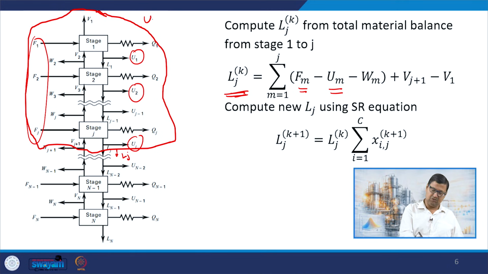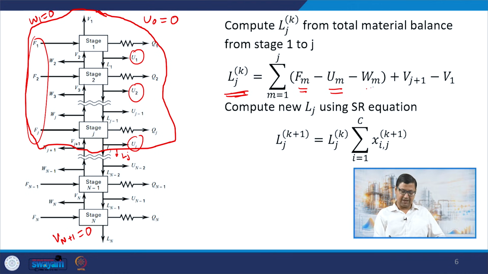Keep in mind that U_0 is equal to 0 here, and W_1 is equal to 0 here, and V_{n+1} is also equal to 0 here, right? And then in addition to these three, we also have a vapor that is coming in from the stage below. So we have a V_{j+1} there, and a vapor that is leaving the first stage, that is why we have a V_1 there, right.